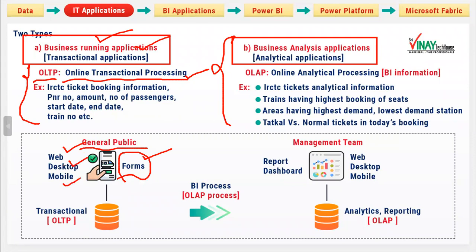Third is a mobile app. So nowadays we do business operations on three platforms: web, mobile, and desktop. But ultimately we fill in the details in a form. Once the transaction is successful, the details are stored in an area called transactional storage.